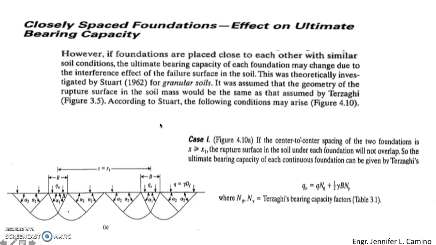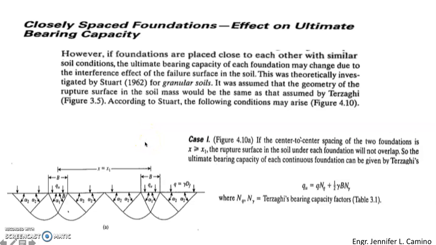However, Stuart had a theoretical investigation, and he came up with 4 cases that he encountered in his investigation on the ultimate bearing capacity of the foundation, depending on the center-to-center spacing of the 2 foundations.